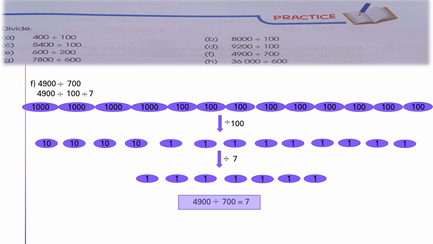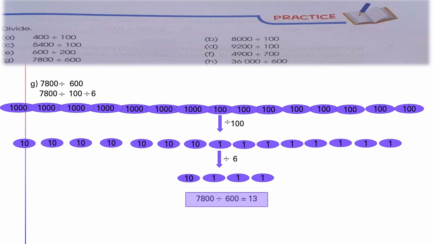So first, our discs are going to be divided by 100, and after division, we have 4 discs of 10 and 9 discs of 1. This is further going to divide by 7, and we have as a result 7 discs of 1. So 4,900 divided by 700 is equal to 7.